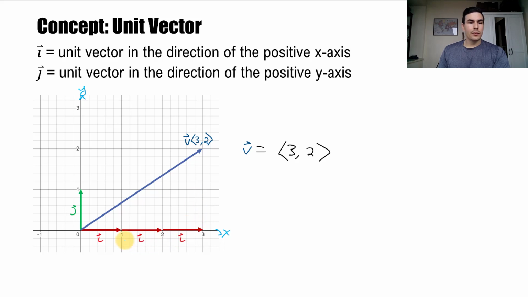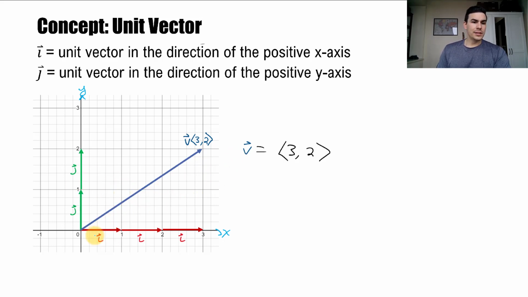We've got 1, 2, 3 unit vectors going in our positive x direction, and then same for our positive y direction. If I have 2 j unit vectors, then we make up the vertical component of vector v. So I can think of v in terms of unit vectors.